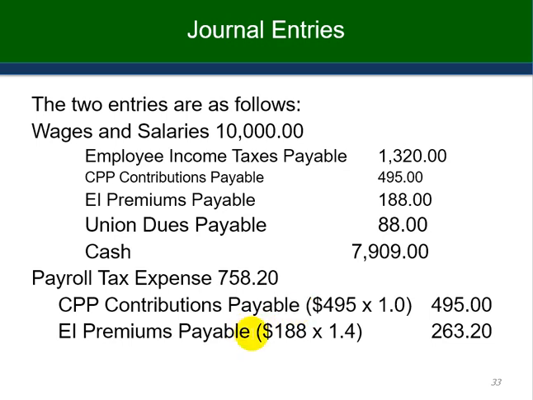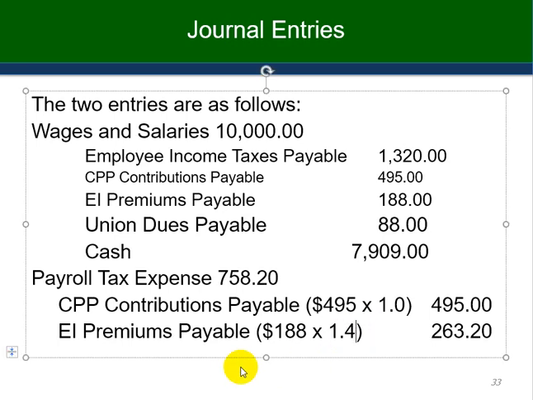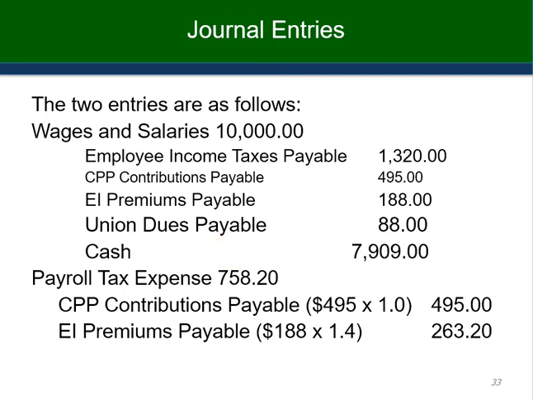EI premiums, we as the employer are required to commit 1.4 times the premium that the employee pays. So that's $263.20. So when we write a check to the government, we'll add up all of the employee portion and the employer portion, and we'll have to write a check to the government for that obligation in the future. So there's an employee portion and employer portion, and we have to account for both of those.